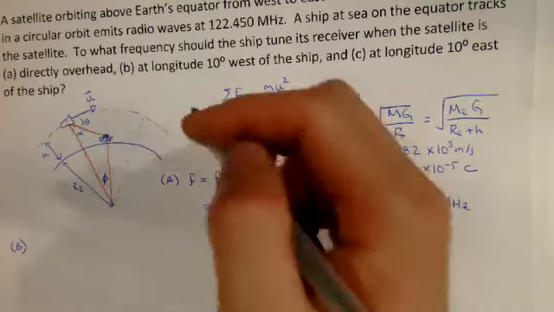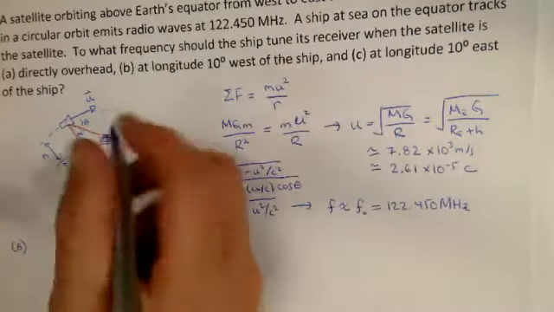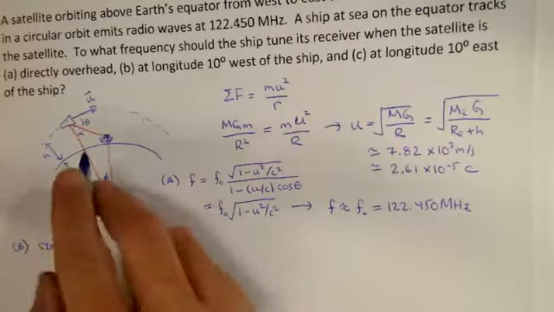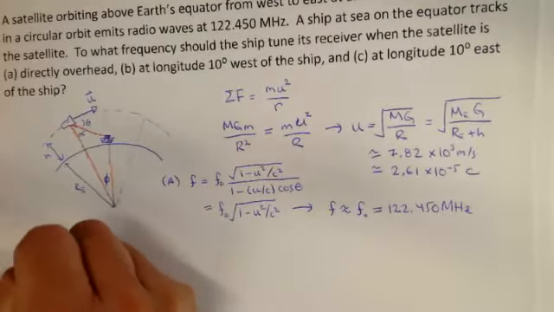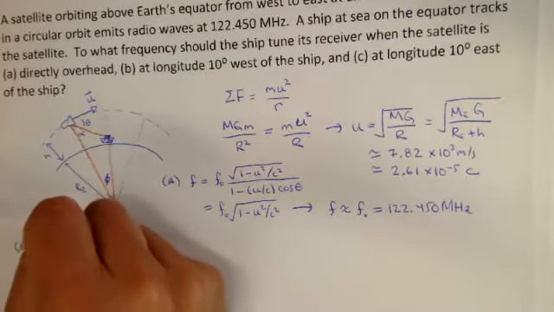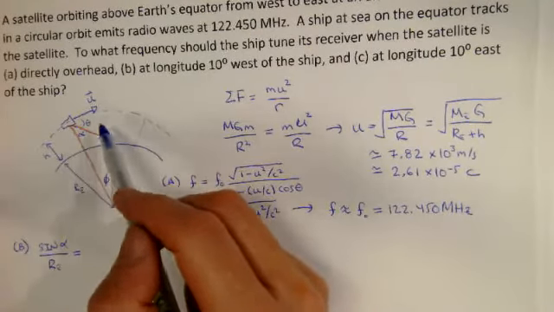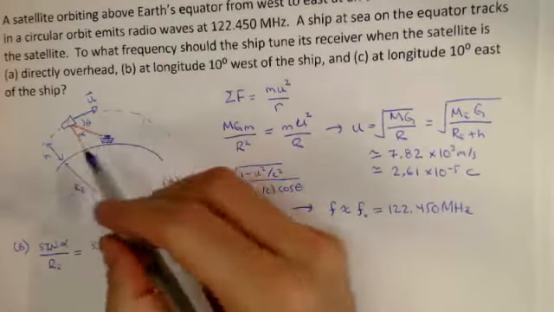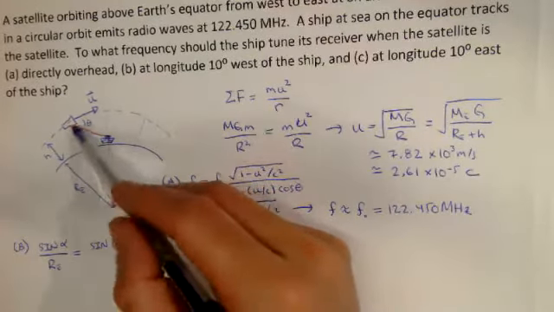And I can now use the law of sines. I can say that if I call this angle alpha, sine of alpha over this opposite length, which is the radius of the Earth. So sine alpha over RE has to be sine of 180 degrees, right? So the total triangle 180 degrees.